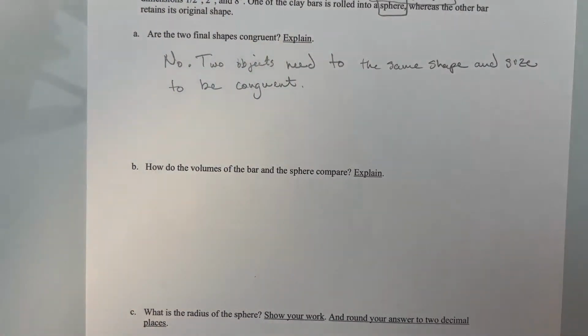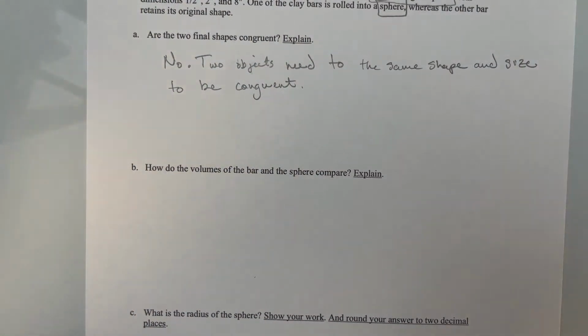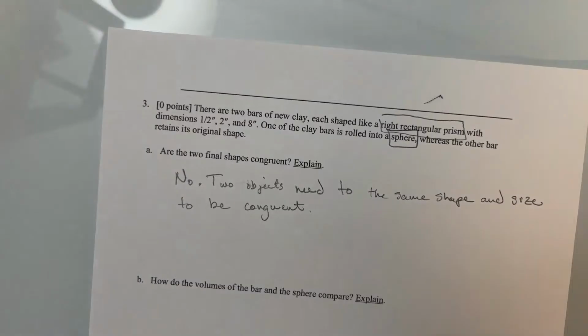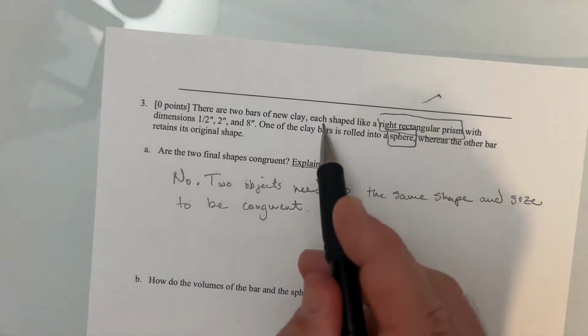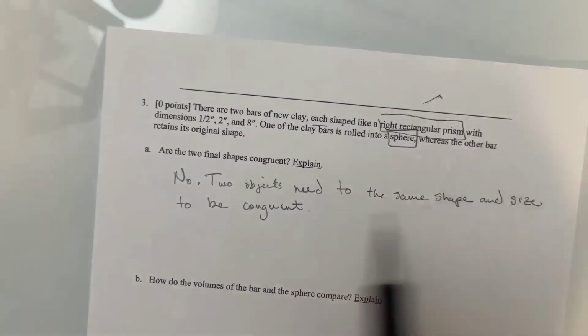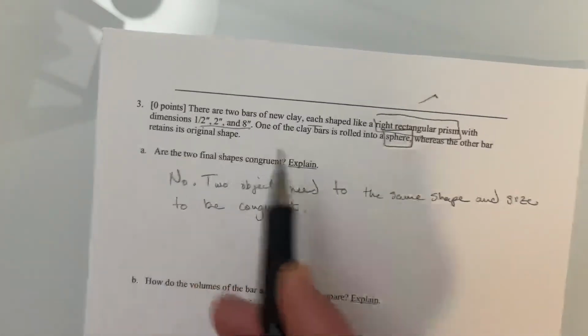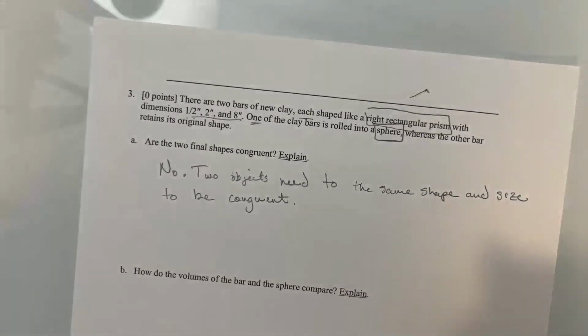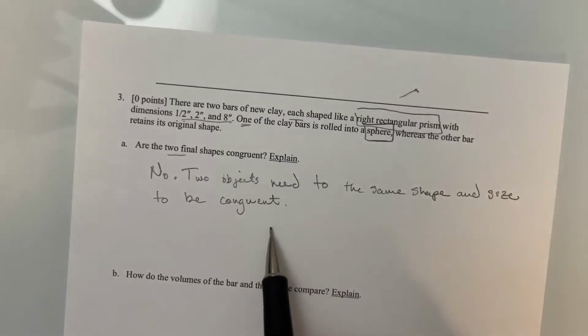How do the volumes of the bar and the sphere compare? Well, it said there are 2 bars of new clay, each shaped like a right rectangular prism with dimensions. One of the clay bars is rolled into a sphere. Okay, so originally they come out like a brick with these dimensions, but one of them was rolled into a sphere. So the 2 final shapes are not congruent.